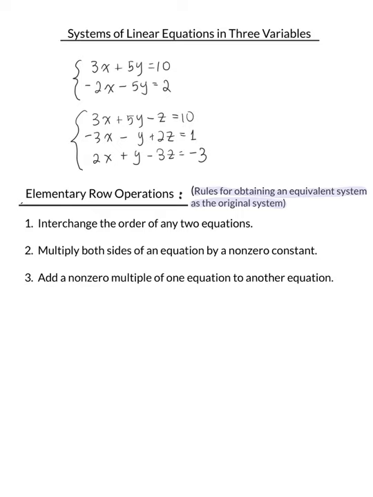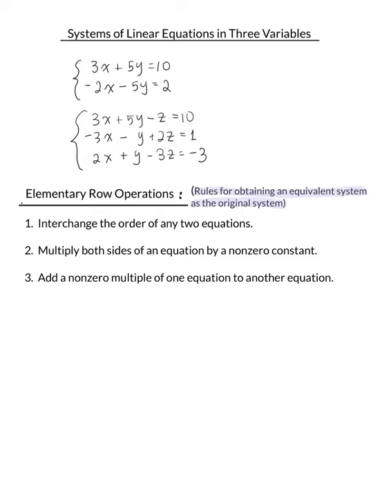Now, all those 3 properties are called the elementary row operations. It's basically telling you that you can do 1, 2, and 3 to the original system, but your solution is going to be exactly the same as the original system.